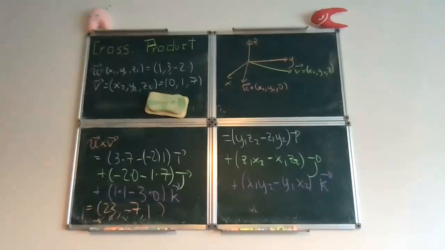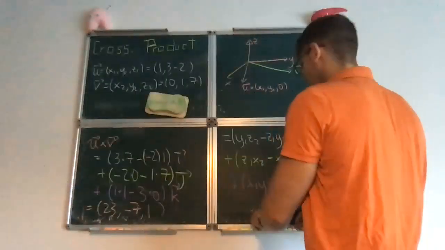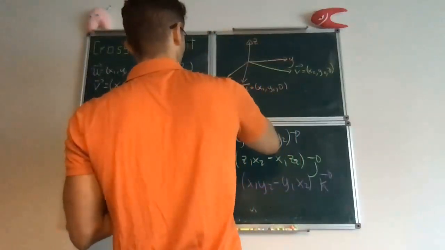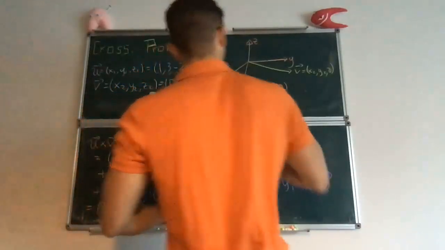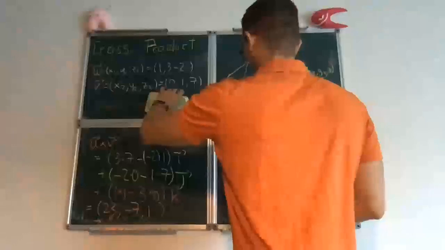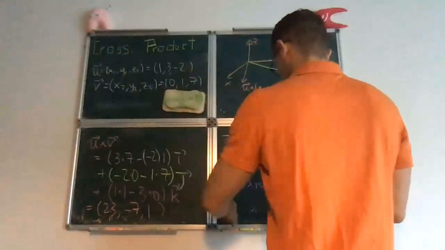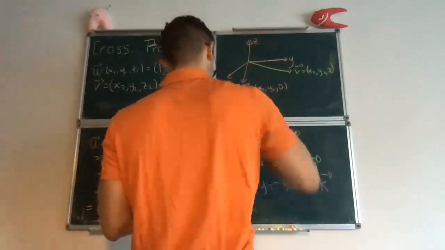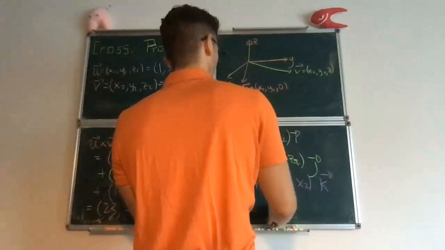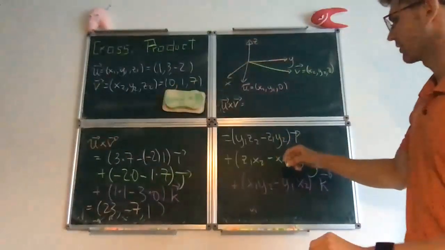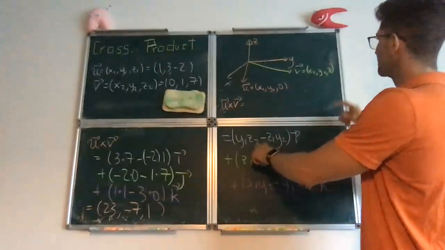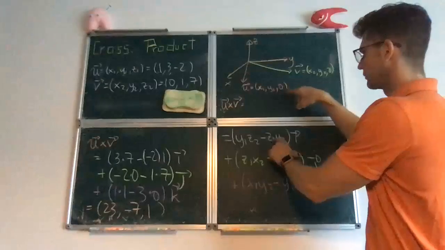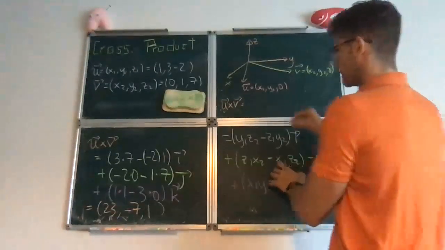So what's the cross product in this case? Well, again, if you do the formula of u cross v, you get y1 c2, but c2 is 0, so that goes away. c1 y2, but c1 is 0, so this one goes away, so you get 0i.